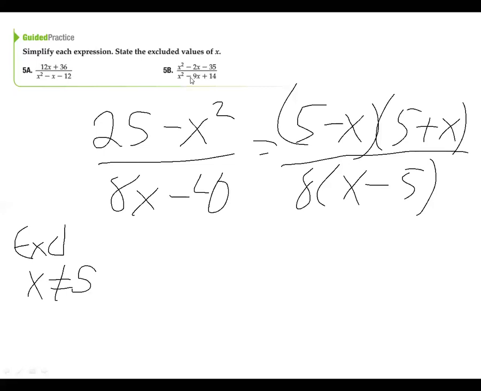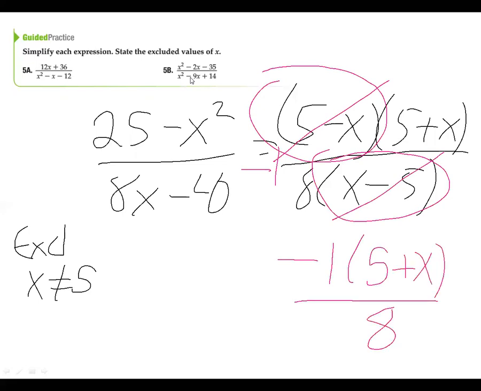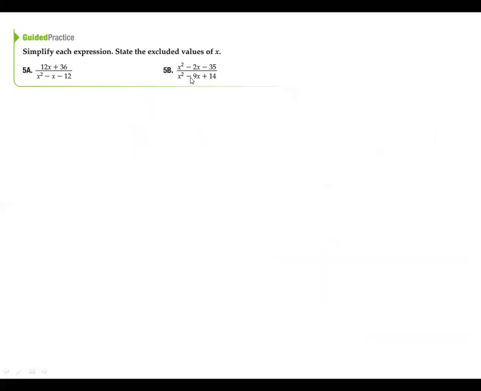And then notice that in this case, the 5 minus x and the x minus 5 are opposites, so those are going to cancel to a negative 1. So you'd have negative 1 times 5 plus x over 8. Another way you could have written that is just put a negative in front of the fraction.